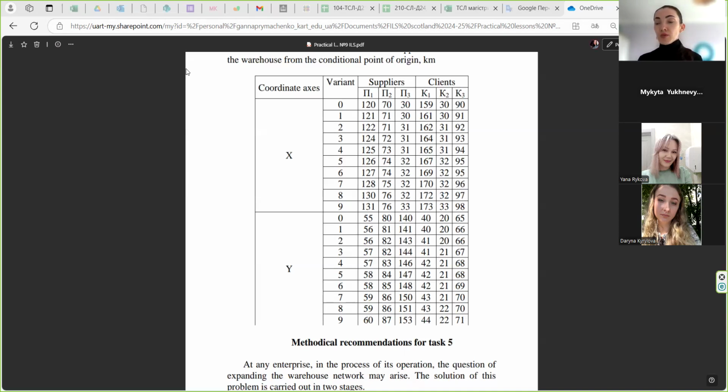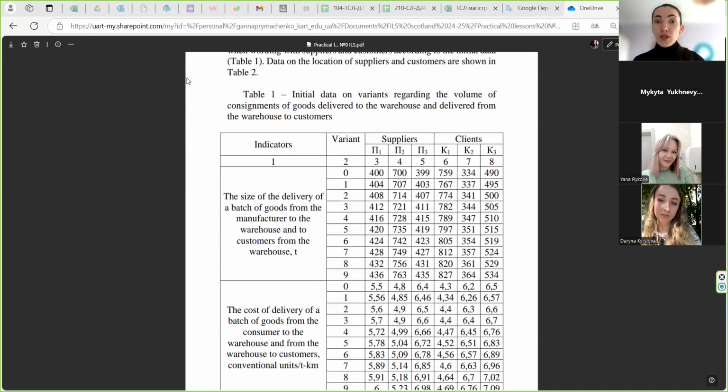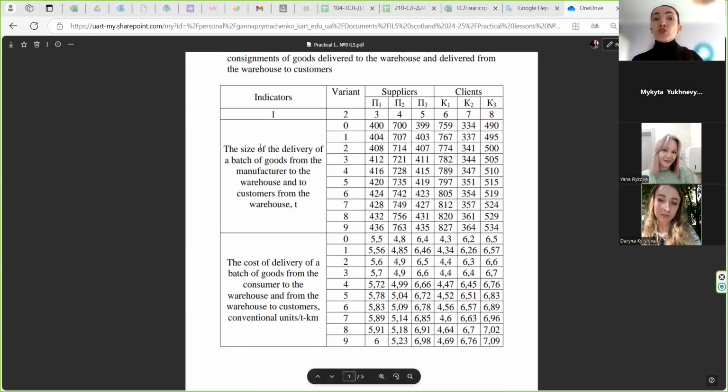I think you found these parameters for your variant. And our third parameter, that is the last in our formula for the first supplier, of course, is how much cargo we need to deliver. So we open our first table and need to use the third line.